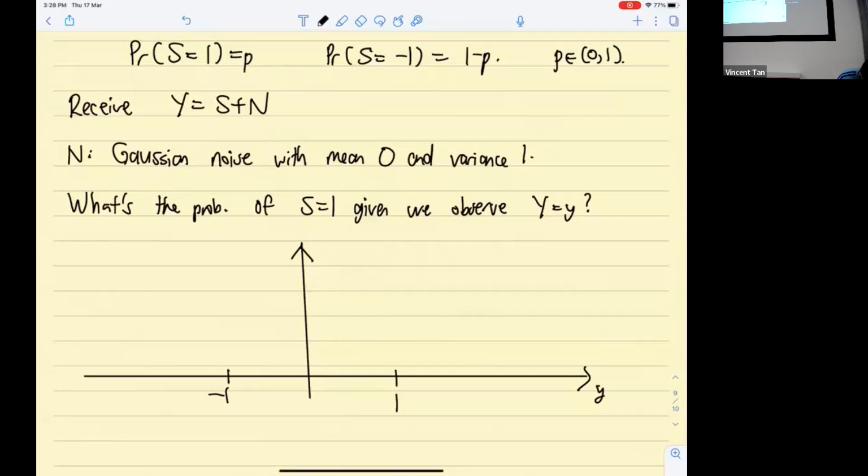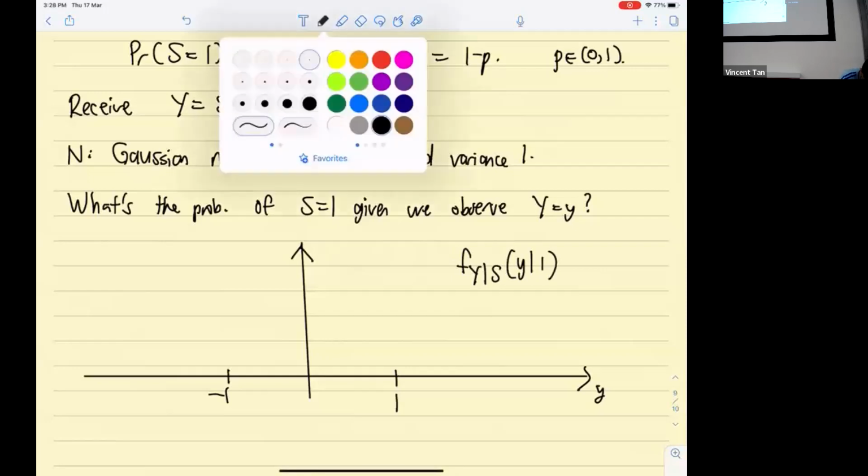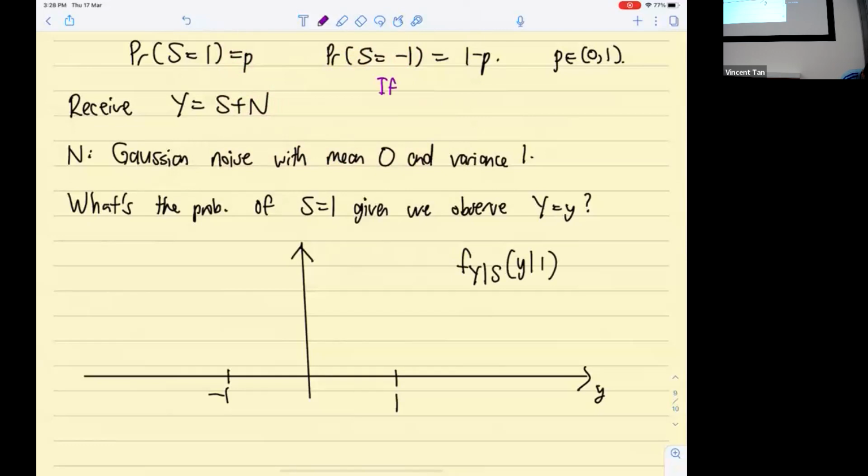What is the conditional probability density function of Y given that S is equal to 1? If S equals 1, then Y is Gaussian with mean 1 and variance 1.